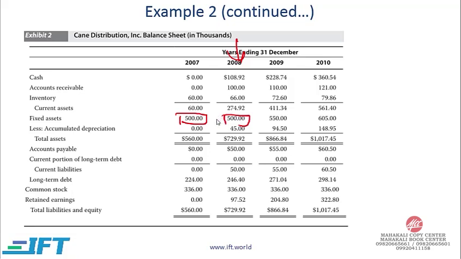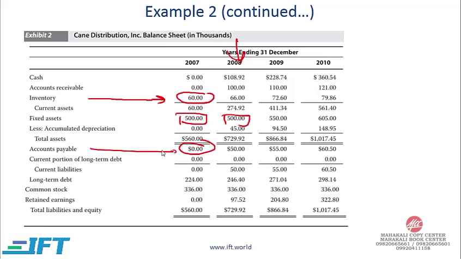What you do is you figure out the net working capital at the end of 2007, not including cash, because we are looking at changes in cash. So you do not use cash. What's the net working capital at the end of 2007? It would be 60, which is inventory, and then accounts payable, which is the only working capital related liability.